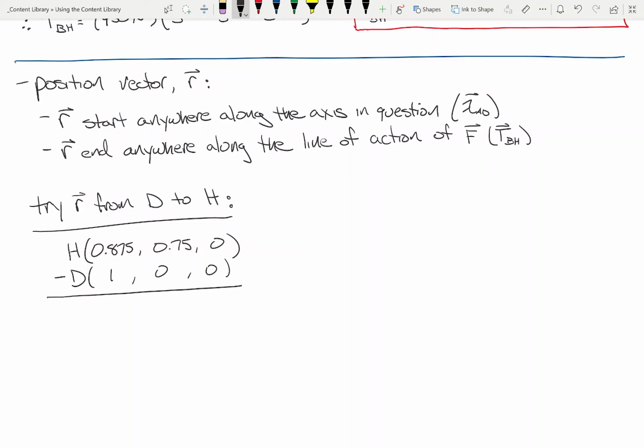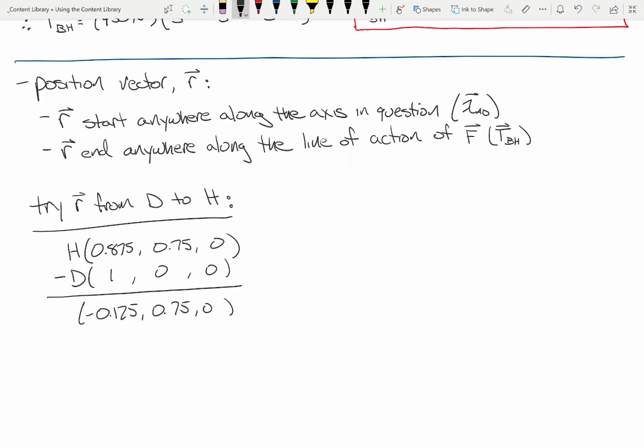So, 0.875 minus 1 is negative 0.125, 0.75, and 0.